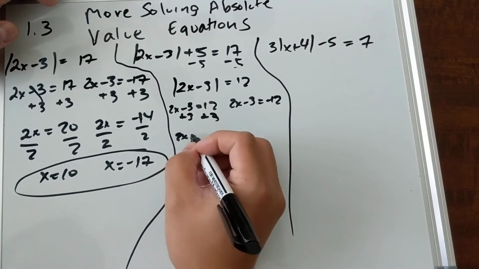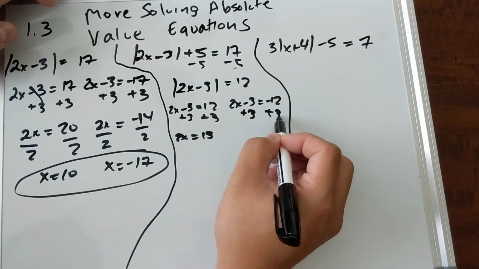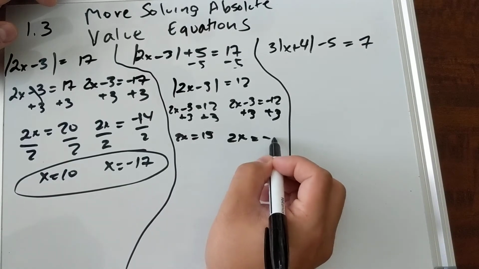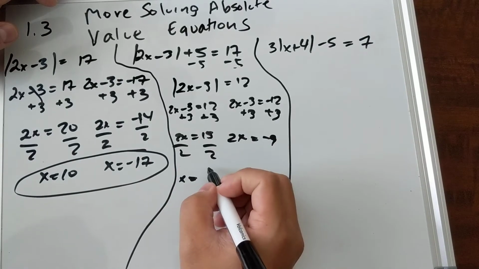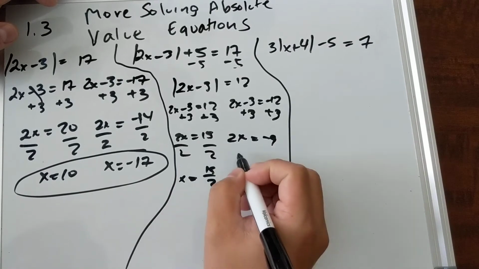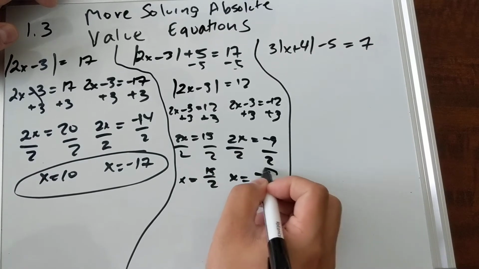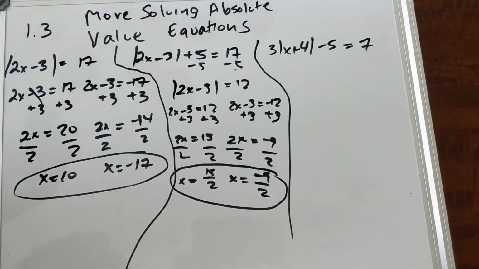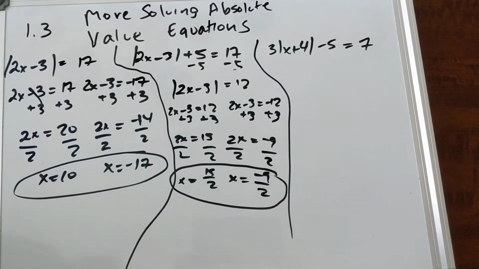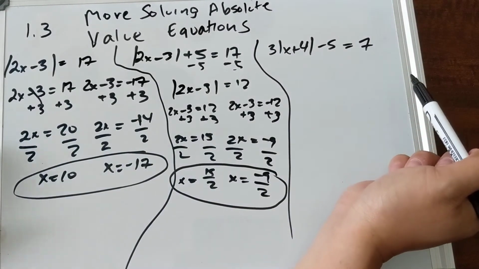So this is 2x equals 15, plus 3, this is 2x equals negative 9, and then divide by 2. So x equals 15 over 2, divide by 2, x equals negative 9 over 2. Remember, we like fractions in this class, so we're just going to leave it like that. Again, if you can simplify it, you have to simplify, but these don't simplify, so we're just going to leave them like this.